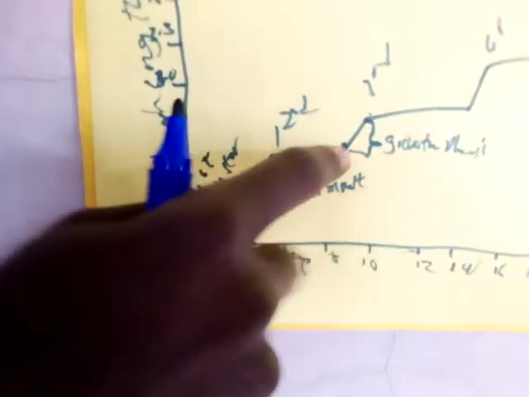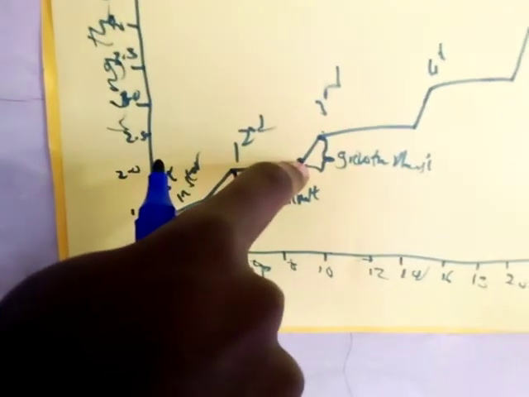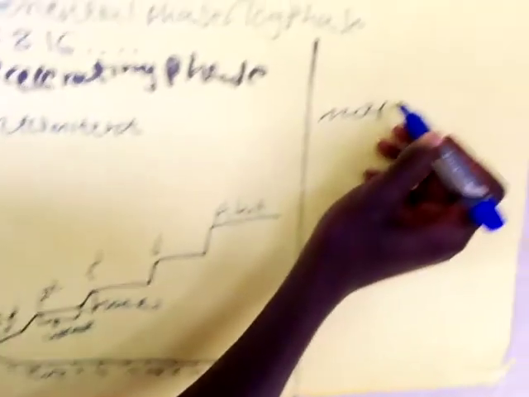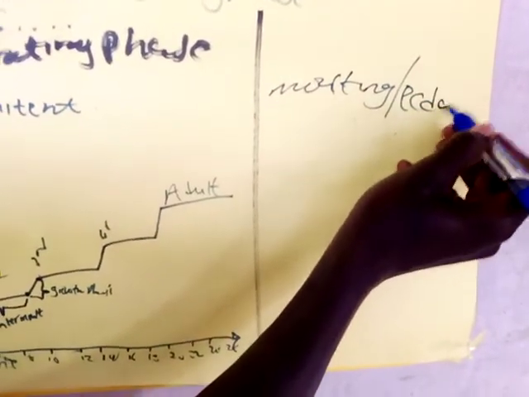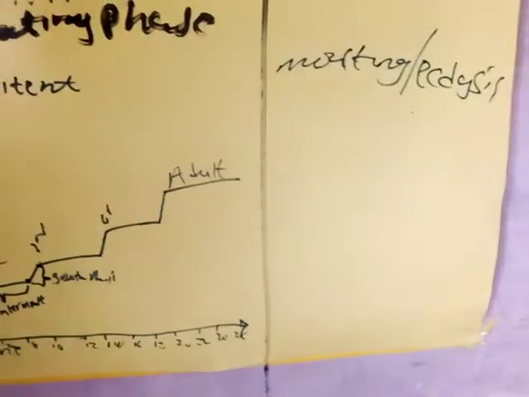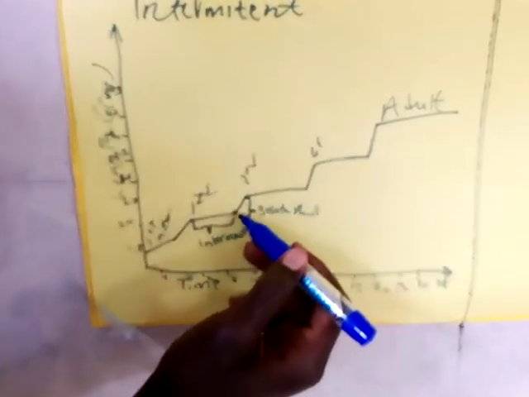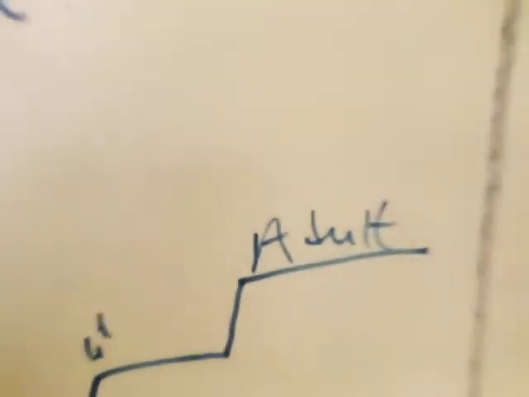After this point, you find that the exoskeleton has been shed off in the process of molting or ecdysis. So from here, growth can take place in this part. It continues until the insects reach the adult stage.